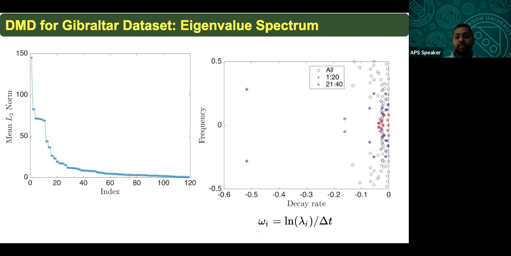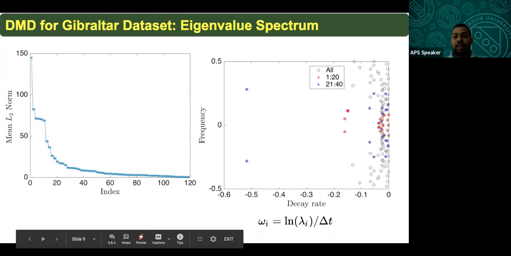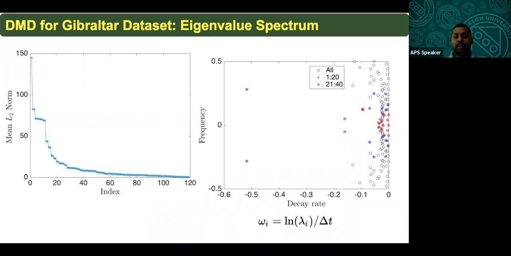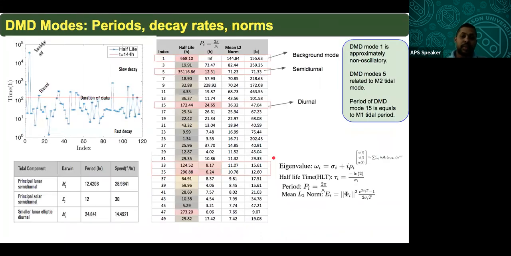Almost all the modes are decaying modes in this scenario. If you look at these red dots and blue dots, as you increase the number of selected modes, you can get other modes, but sometimes one might be a harmonic of the first selected mode. So let's zoom in on this.